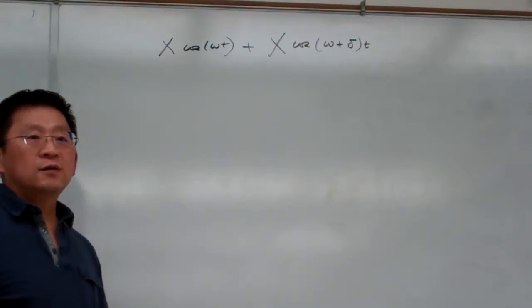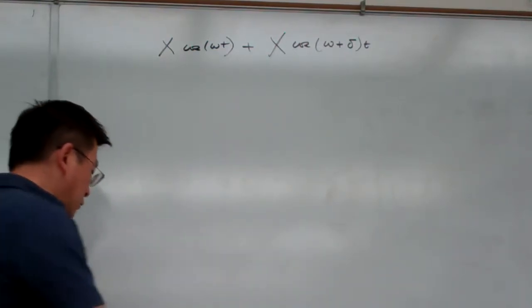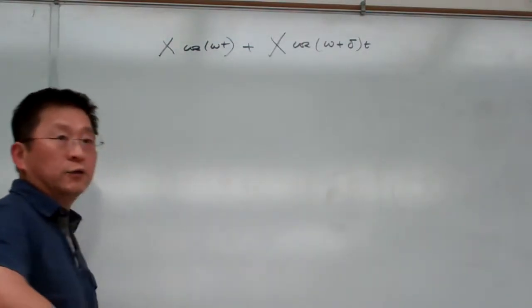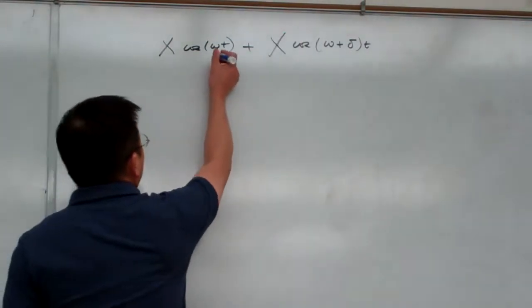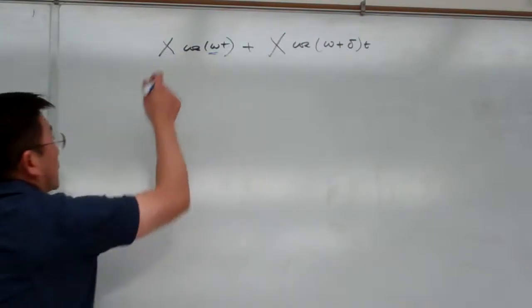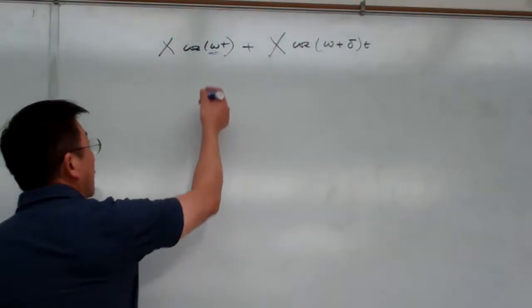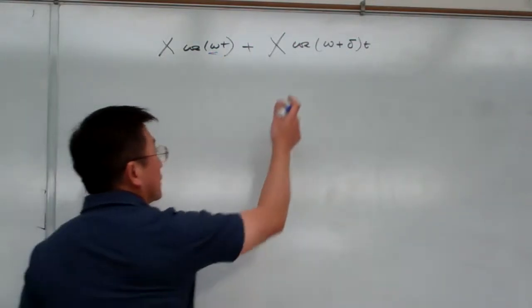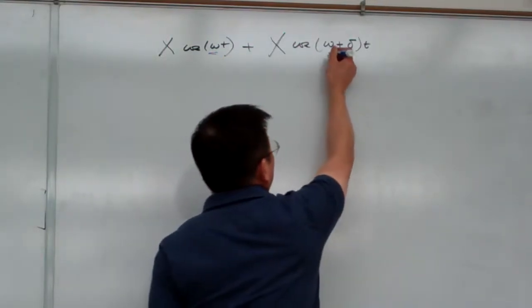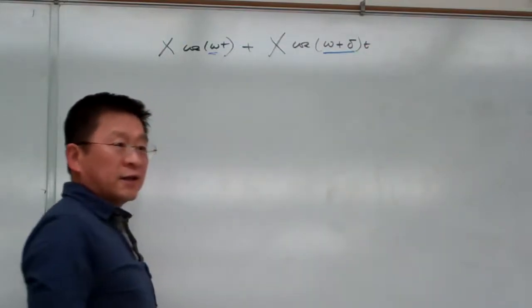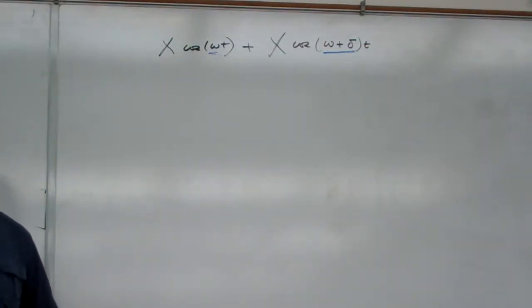And before we do any algebra, I want to get your attention to this. This is a cosine function of frequency omega. This is a cosine function which has a frequency other than omega, omega plus delta, a little bit larger, a little bit different.